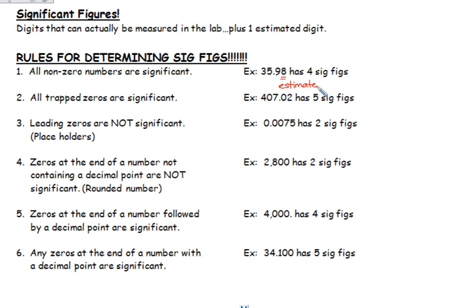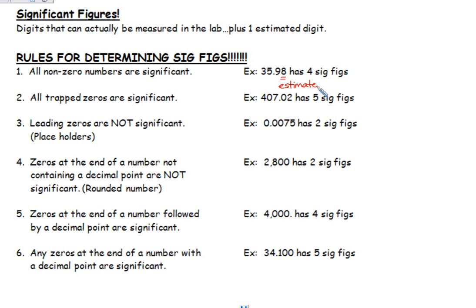So with whatever measuring tool they were using, they knew for sure it was 35.9. It was just a hair less than 36. So they estimated 0.98. Whatever this measuring tool was, they had a line for 35.9, and the next line would have been 36.0. So they estimated the hundredths place.